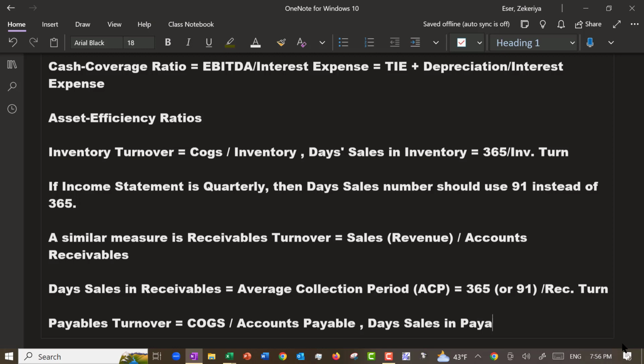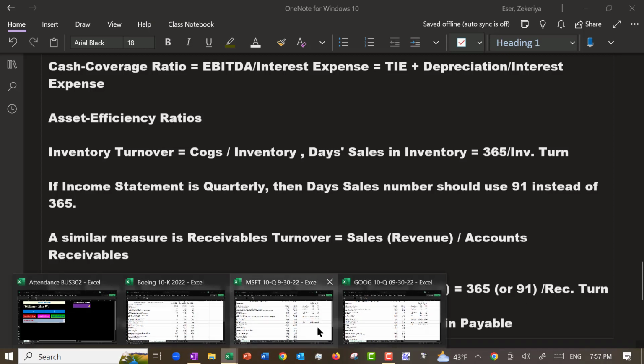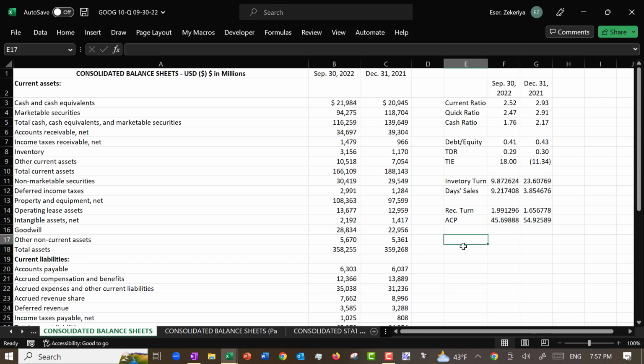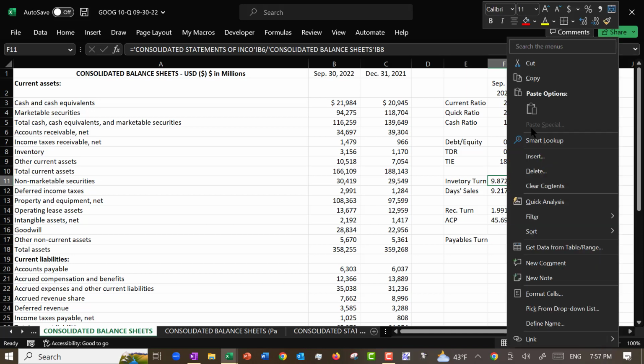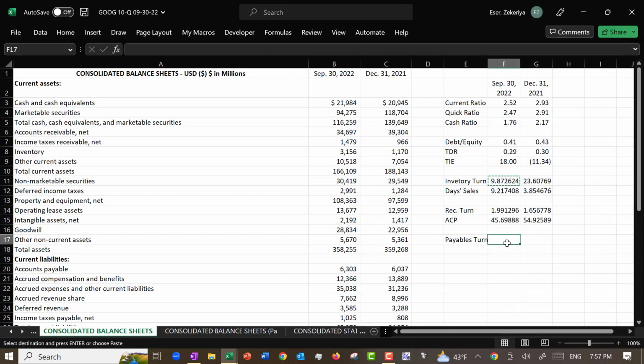Same idea, 365 divided by whatever turnover measure you're using. So for Google, payables turnover, cost of goods sold, I know where it was, B6. I'm going to copy this. Accounts payable.